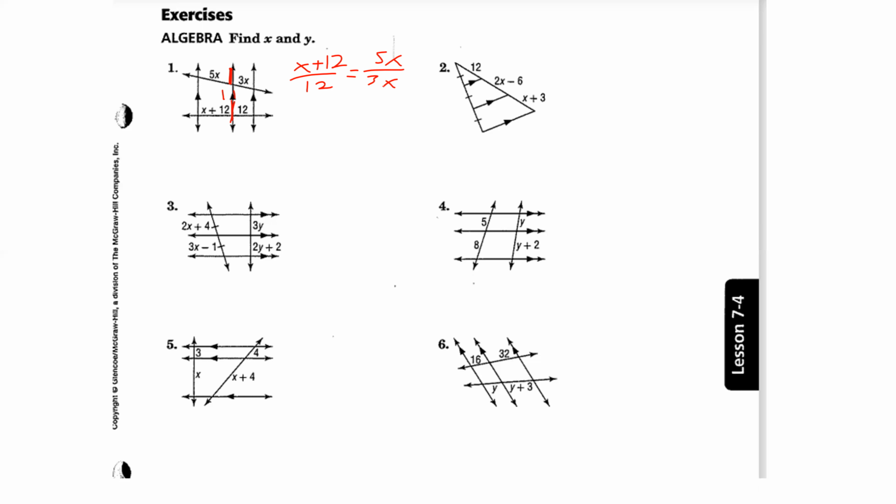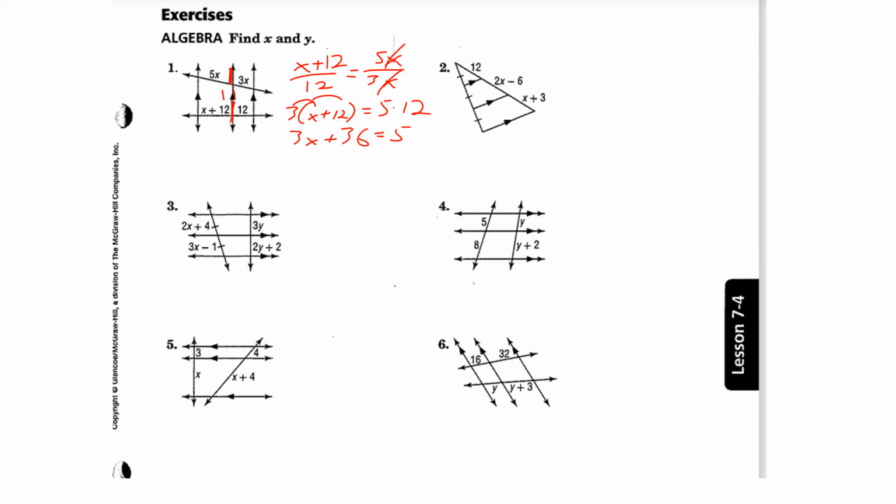Well, I have x here and x here. I can divide x off of both of those. So now I just have 5 over 3. And now we can cross multiply and solve. So 3 times 12. Again, this one takes a couple steps because we have to distribute first. And then once we distribute, we'll be able to continue solving.